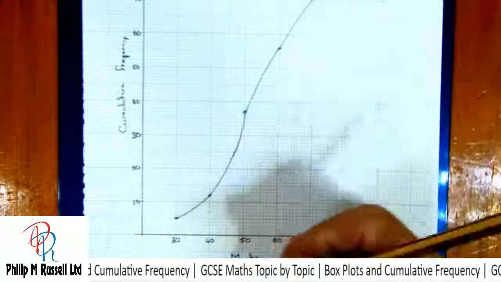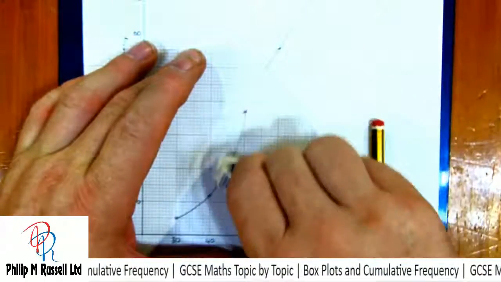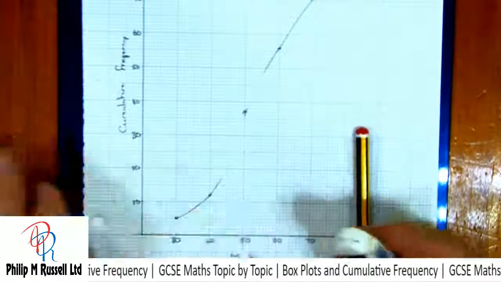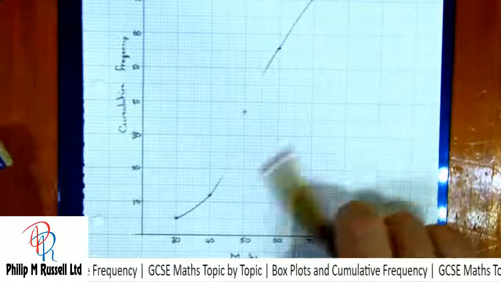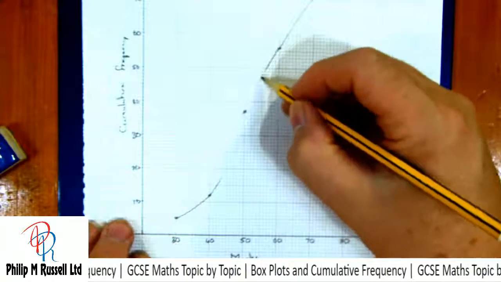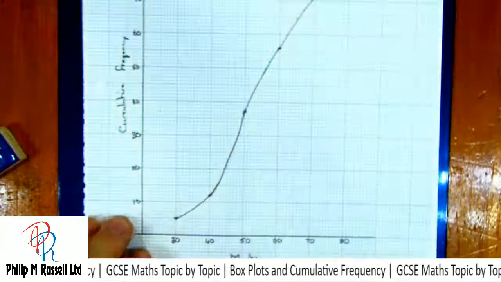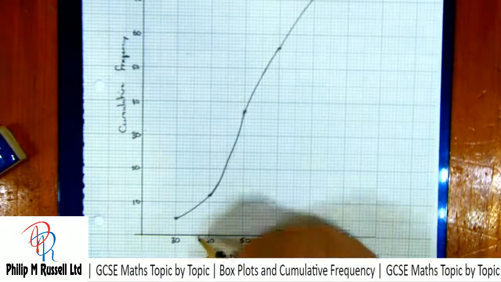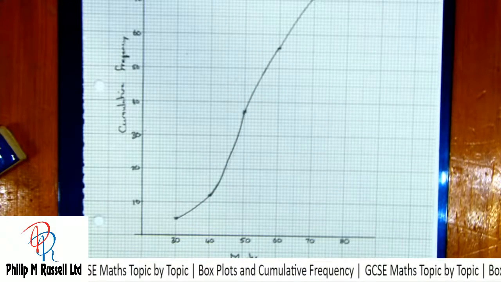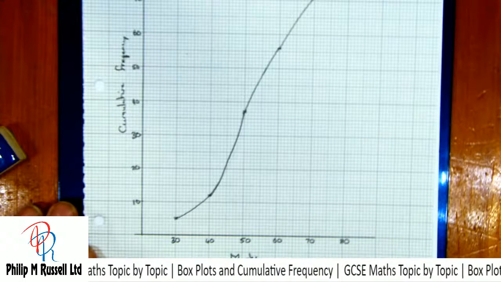I don't like that. That wasn't quite what I wanted. Let's just try and draw that one in a little bit better. Put my X in again. Shows that it happens to the best of us. Not brilliant, but it'll do. Now I've got this cumulative frequency graph.